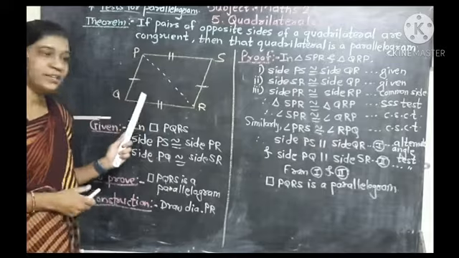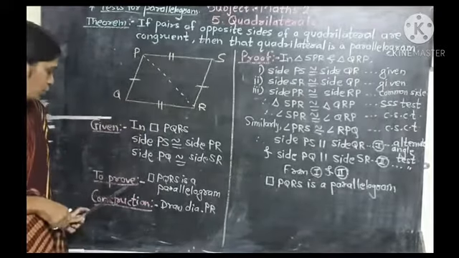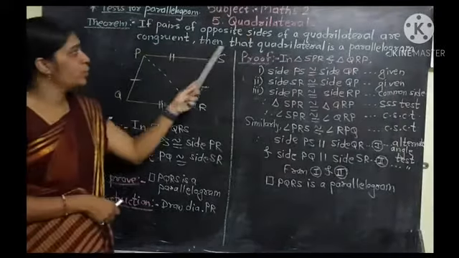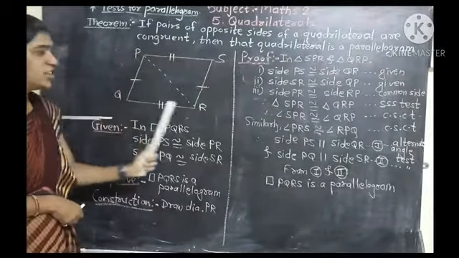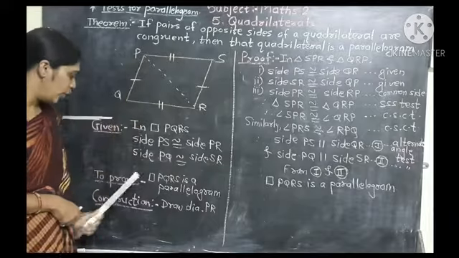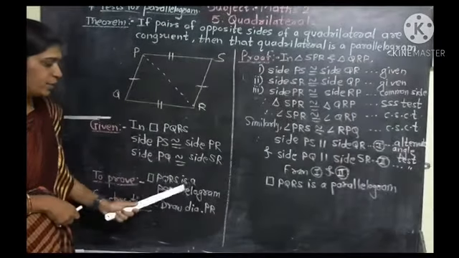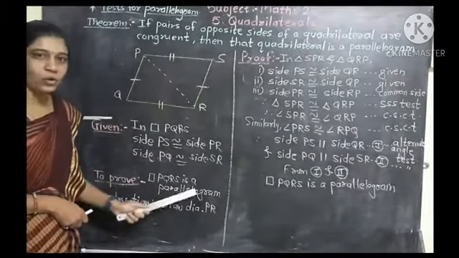Understand what is given and what we have to prove: we have to prove that quadrilateral PQRS is a parallelogram.